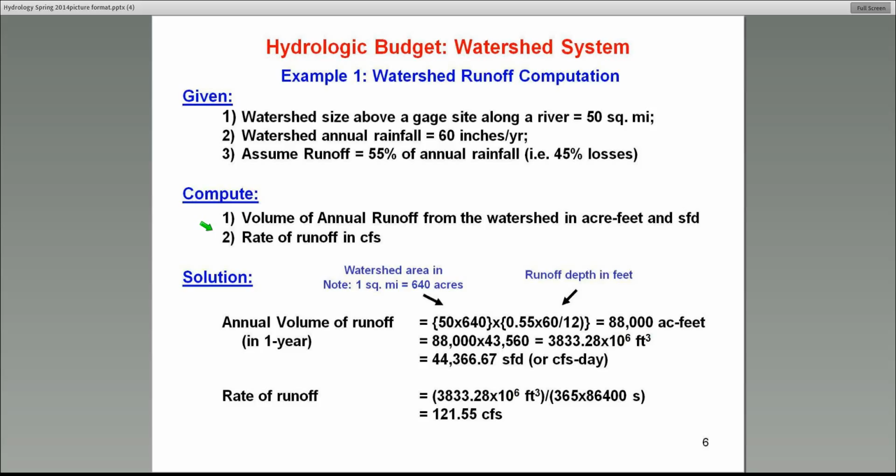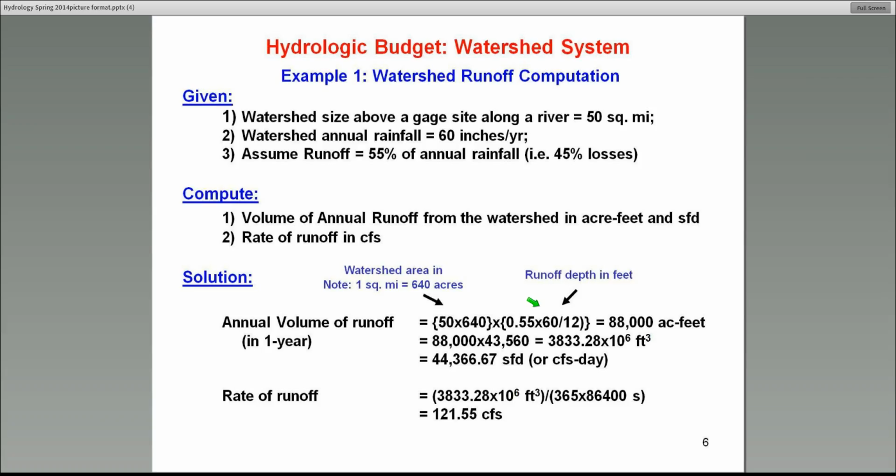Of course, 1 year is a fairly large time interval, so the second part doesn't make a whole lot of sense in terms of its application, because it's averaged over a long period of time. But let's look at the first one, the annual volume of runoff in 1 year. I wanted this answer in acre-feet. So you take the rainfall runoff depth: 0.55, meaning 55% appears as runoff, times the rainfall input, which is 60.